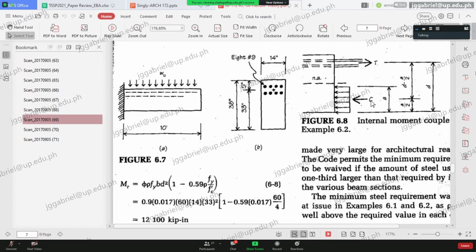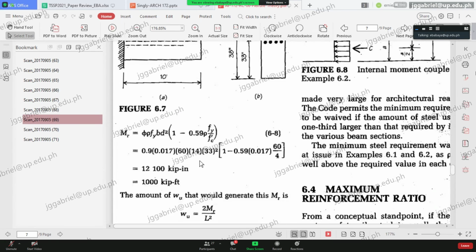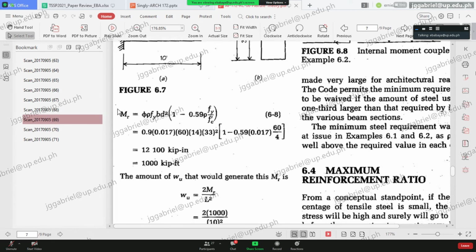Now, substituting the values for your MR: phi is 0.9, rho is 0.017, Fy is 60, B is 14, D squared, 33 squared, times 1 minus 0.59 rho, 0.017, times 60 divided by 4.